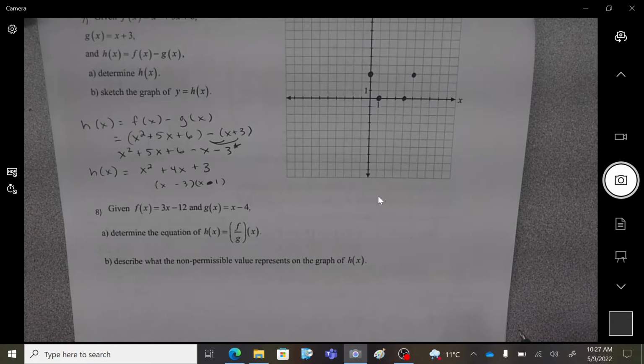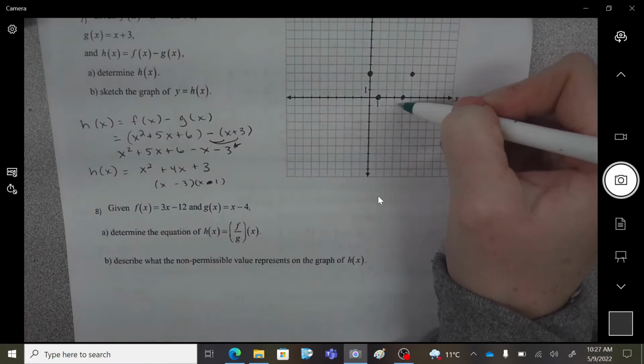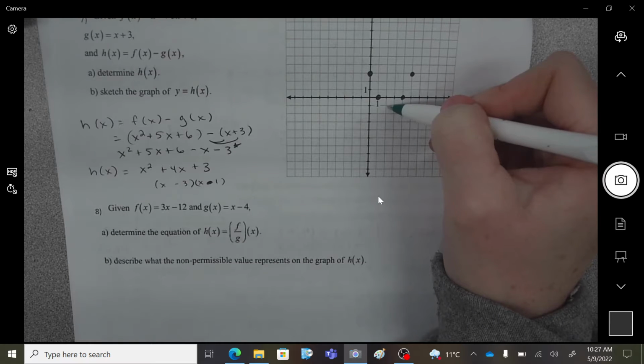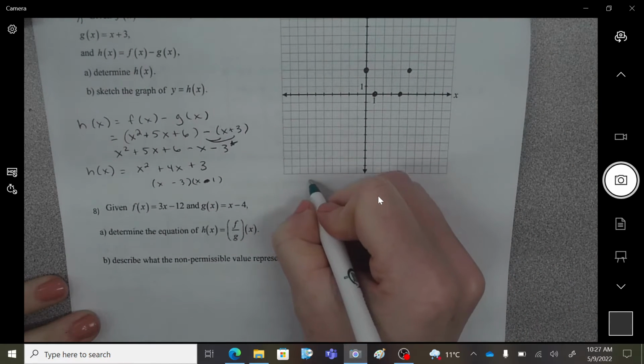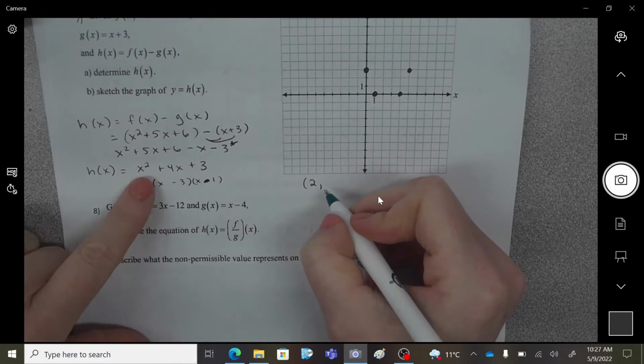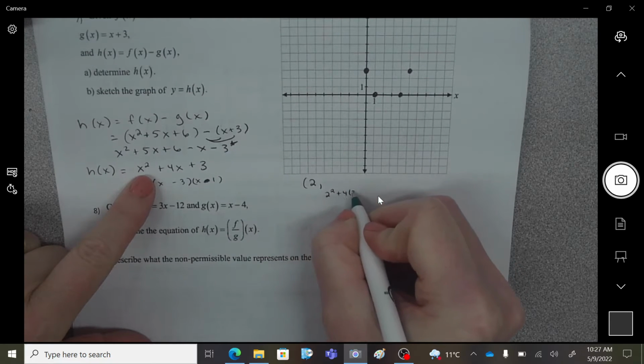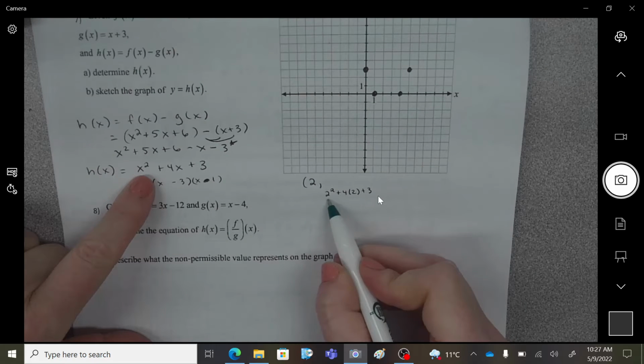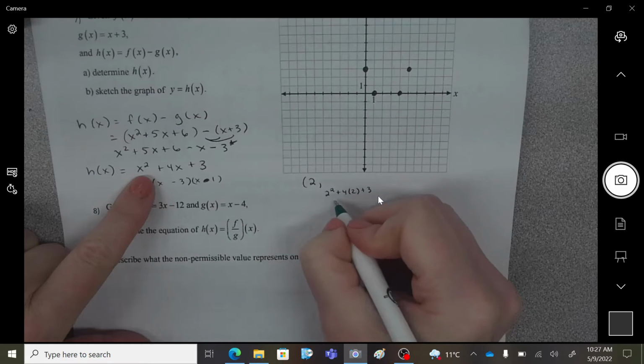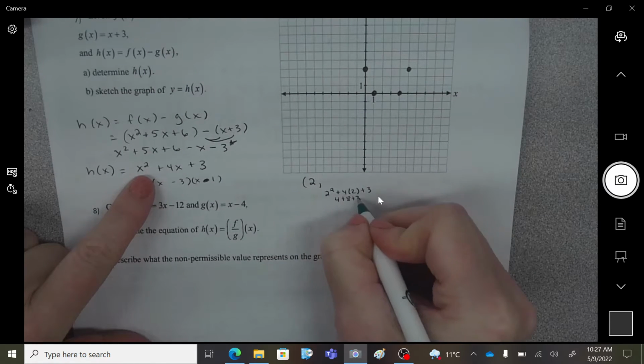If you need to get any more points, I'm going to do 2 comma. So now I'm going to plug 2 in. So 2 squared plus 4 times 2 plus 3. So 4 plus 8 plus 3.